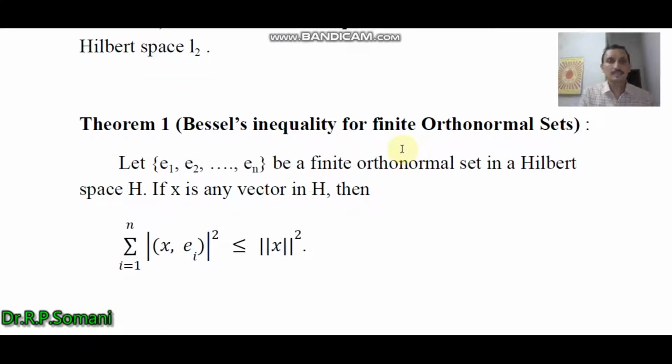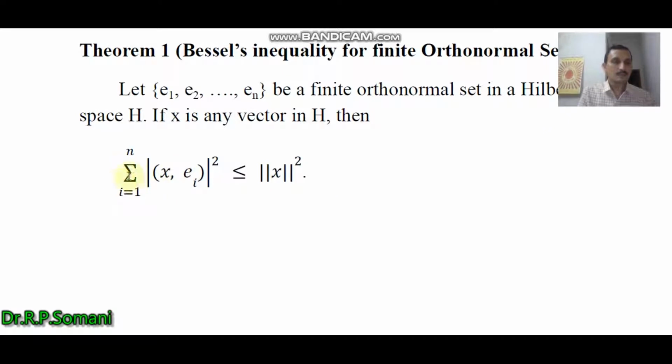Its statement is: let {e1, e2, and so on, en} be a finite orthonormal set in a Hilbert space H, and if x is any vector in H, then the summation, i varying from 1 to n, of modulus of inner product (x, ei) squared is less than or equal to norm x squared.